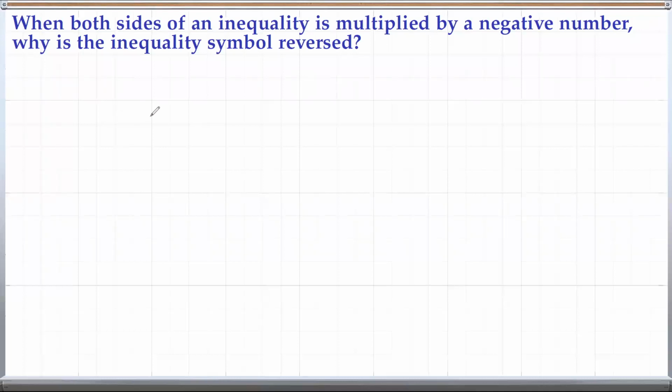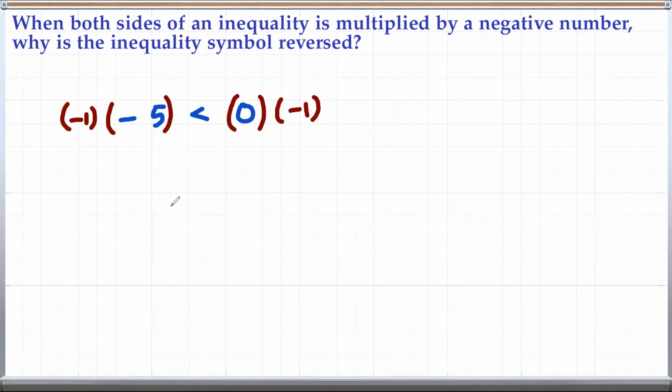All right, first, let's look at an inequality with two real numbers. So this is true, -5 is less than 0, right? So what happens if we multiply both sides by a negative number and don't change the inequality sign? If you multiply both sides by -1, we get -1 times -5 on this side, and on this side 0 times -1.